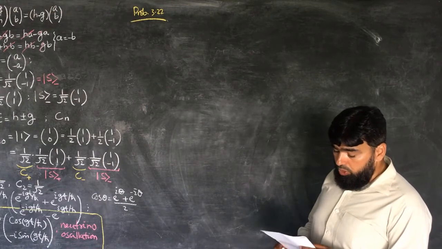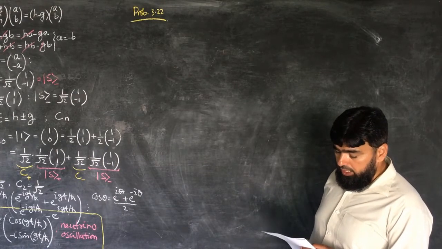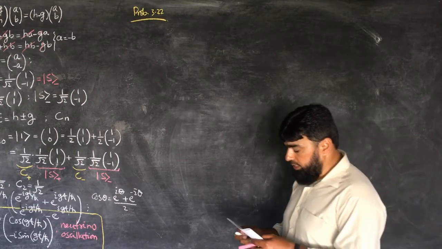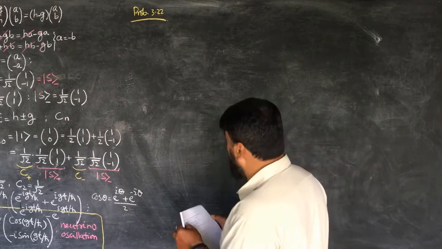3.22, and problem 3.22 is saying to consider a three-dimensional vector space which is spanned by an orthonormal basis set.